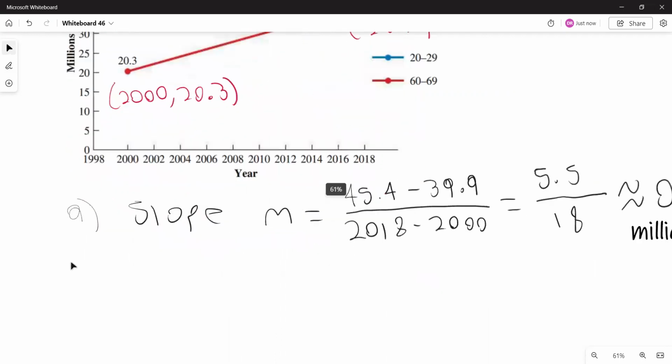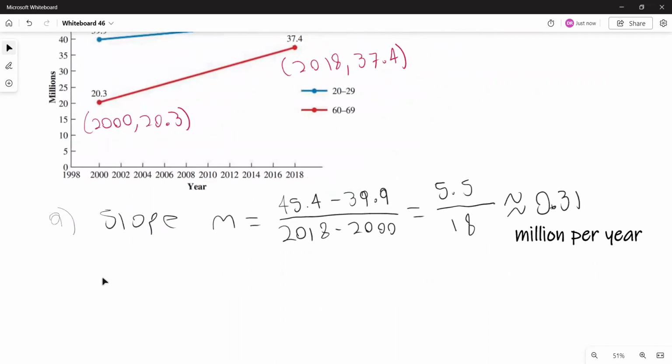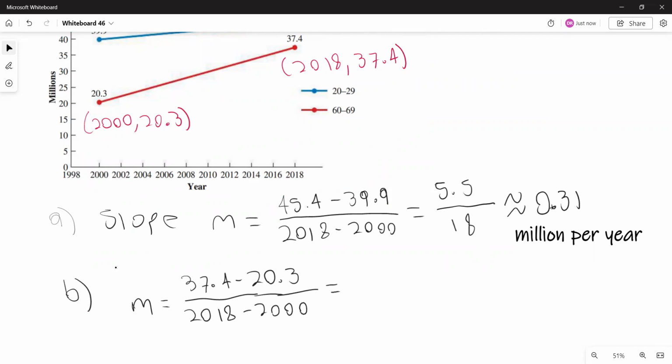And then we're going to do the same for the red line. So in B, the slope is y2 minus y1. So that's 37.4 minus 20.3 over 2018 minus 2000. 37.4 minus 20.3 is, sorry, 17.1.